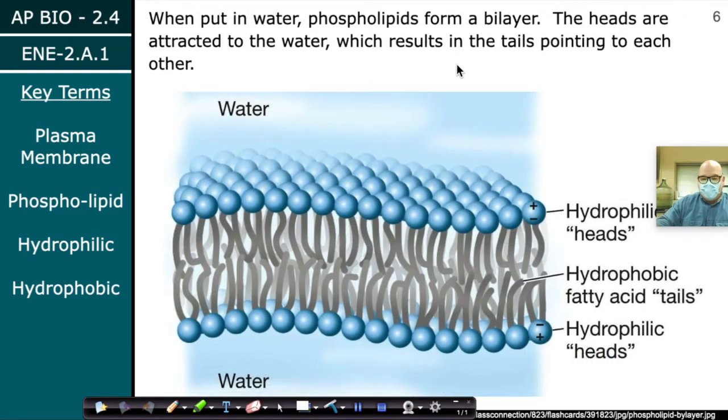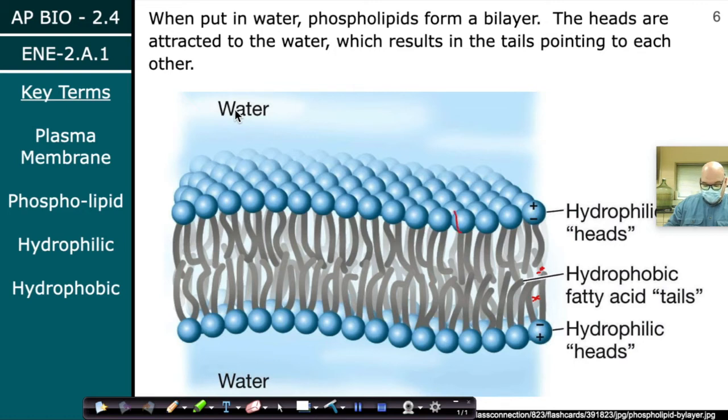So I kind of already talked about this, but when you put these in water, they make this bilayer, and the key word is in water. So the only place to hide from the water when you put them in water is for these guys to face each other. So the tails are kind of like protecting each other from the water.